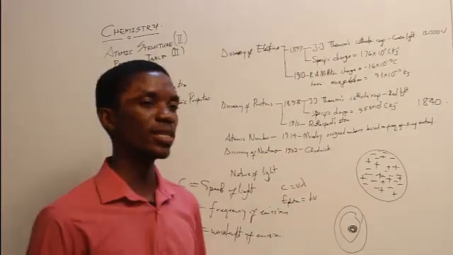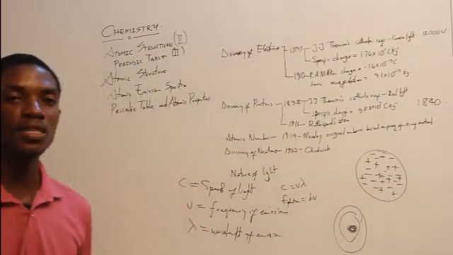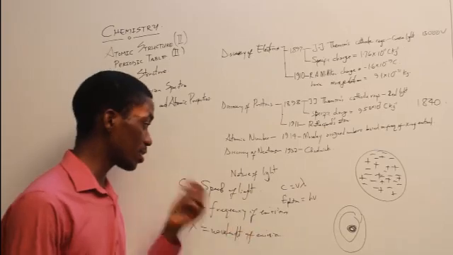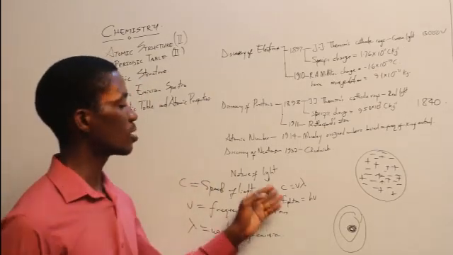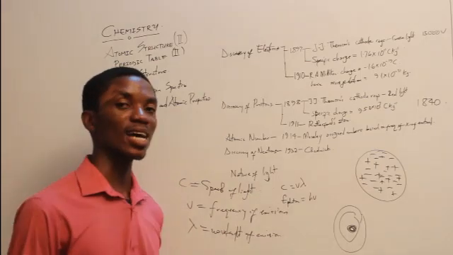Of course, we know that it is waves that are propagated that have wavelengths. So judging by this, we can always classify light as a wave.